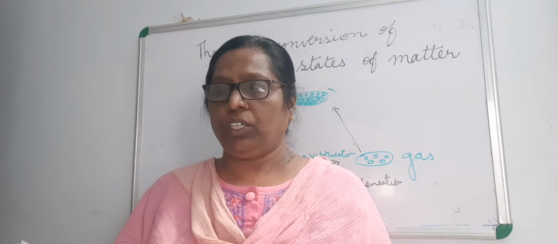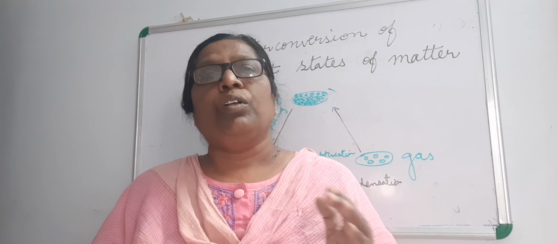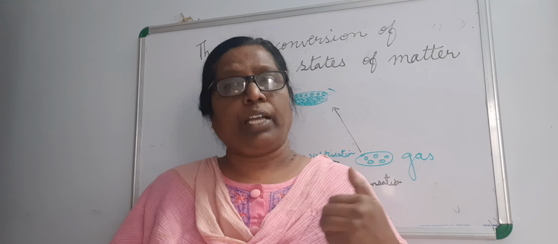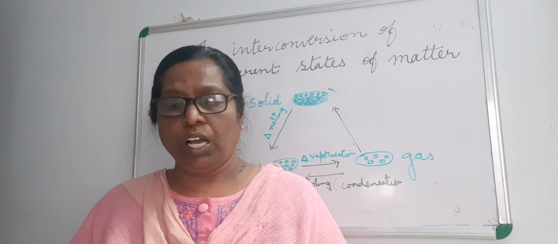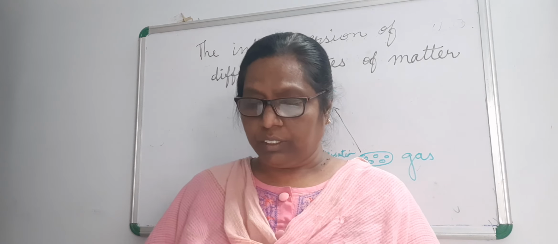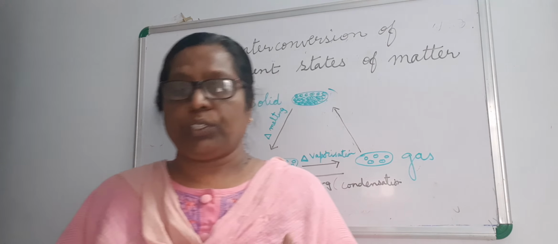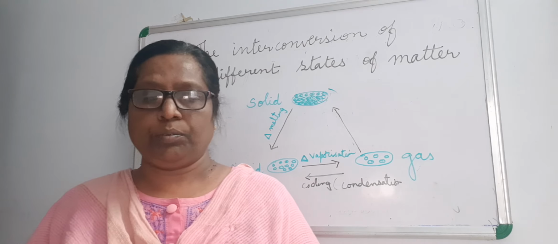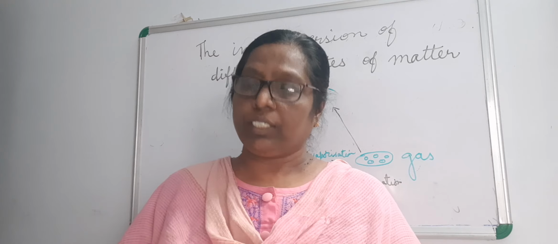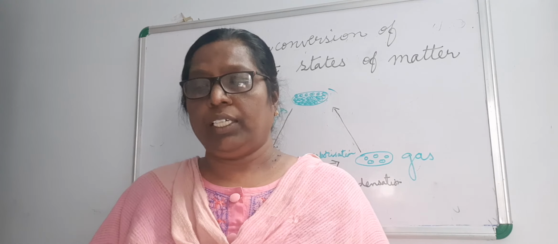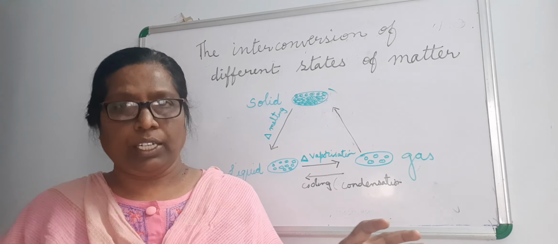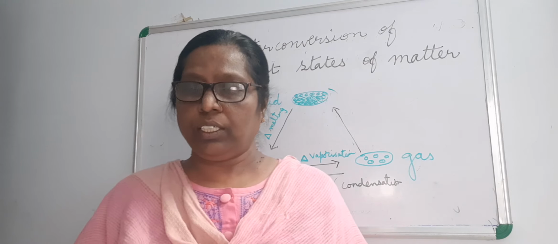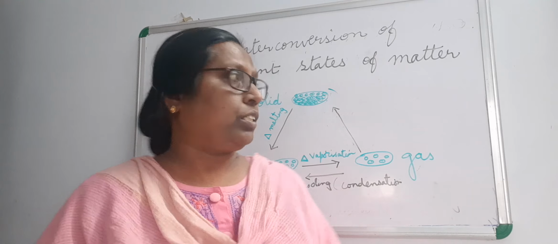The kinetic molecular theory of matter also explains interconversion. So let's see how kinetic energy is produced in a solid. When a solid is heated, kinetic energy increases. As a result, the force of attraction among the molecules decreases and the solid changes into liquid.